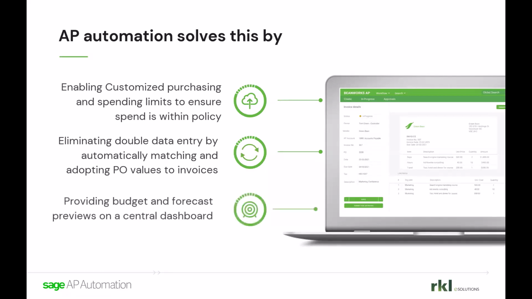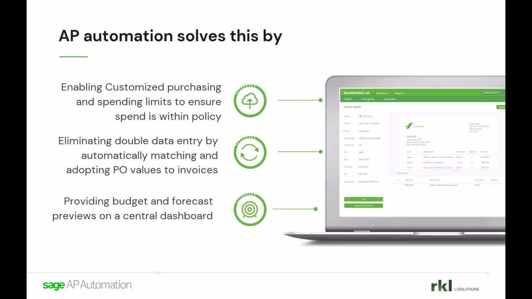And then, of course, you can preview your budget and forecast through a central dashboard. This is all about being able to measure certain projects, budgets, and departments, and how those payments, invoices, and expenses are contributing to the growth of your team, and of course the finances, which is what you guys care about.